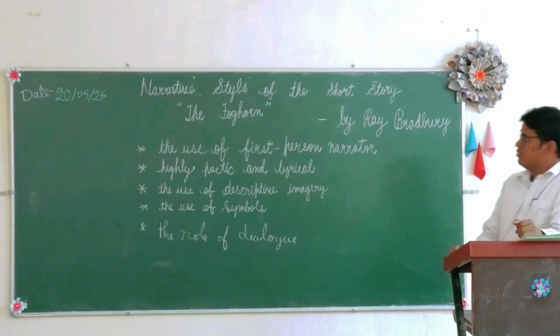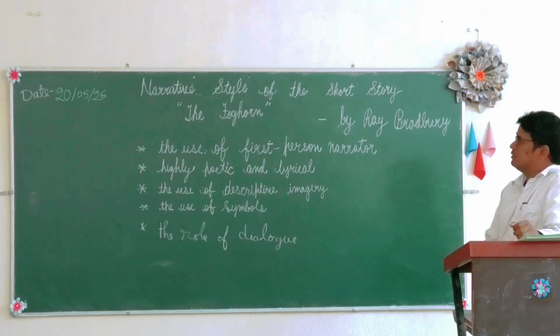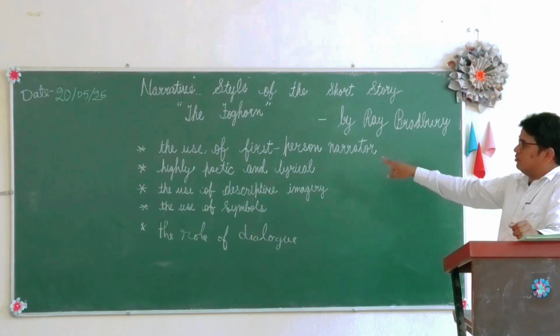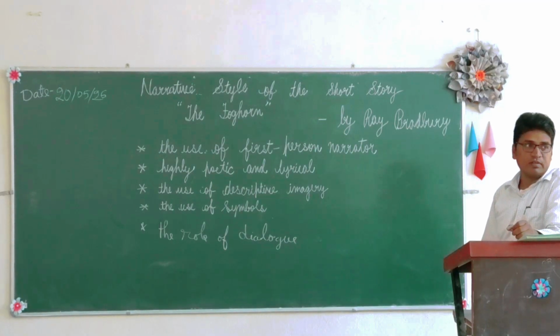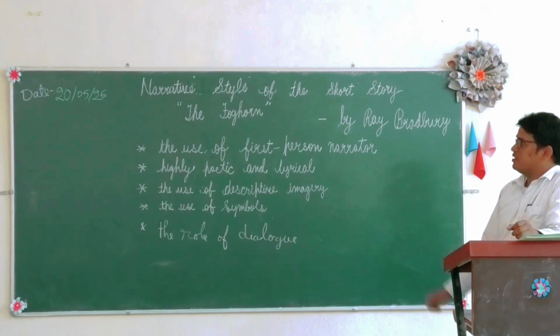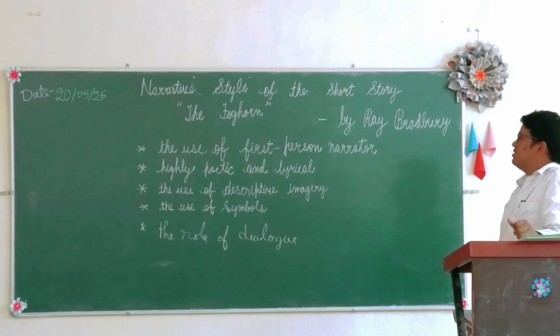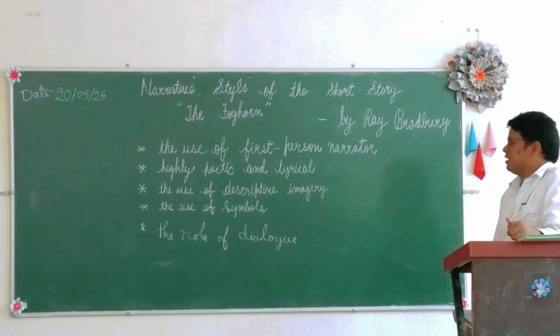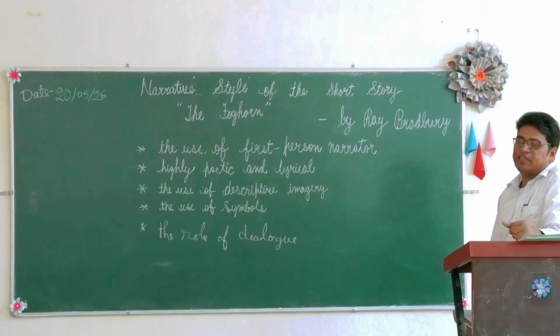So today we have discussed 5 points. The first one is use of first person narrator. Second is highly poetic and lyrical style, then the use of descriptive imagery, the use of symbols, and the role of dialogue in the story.